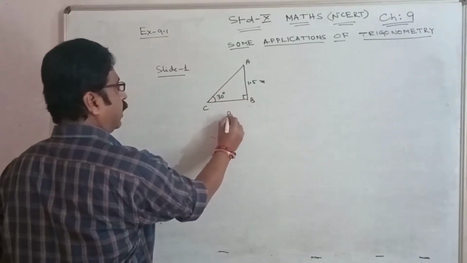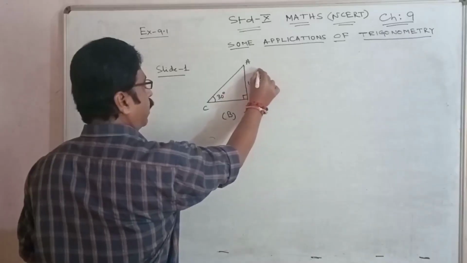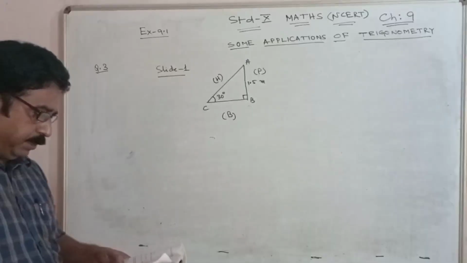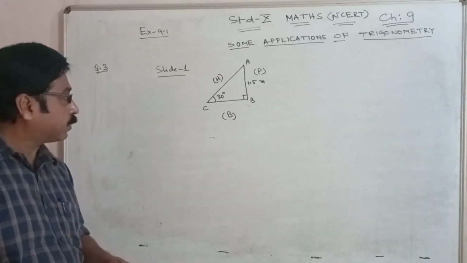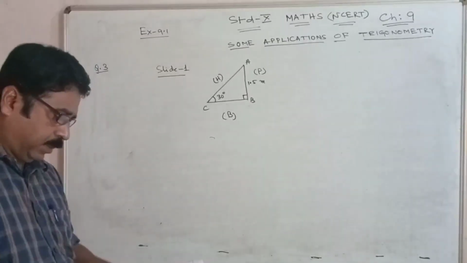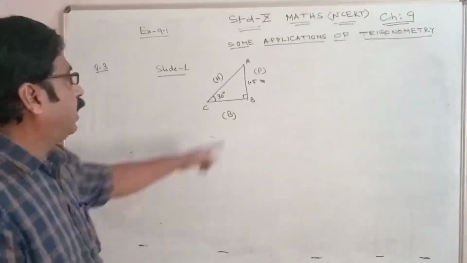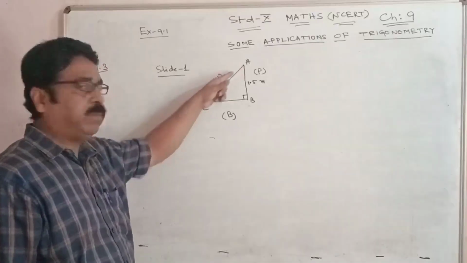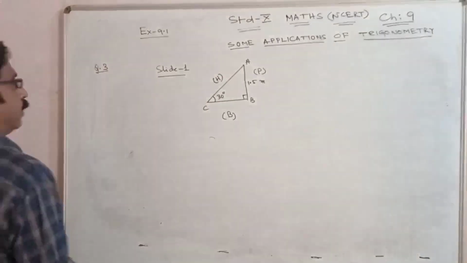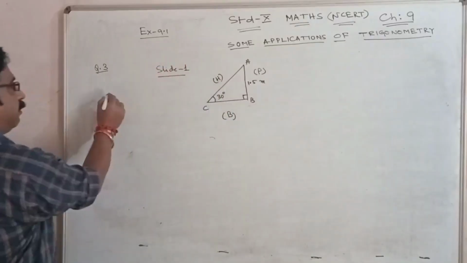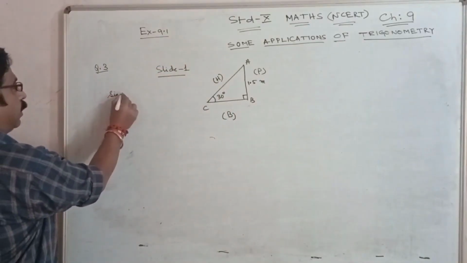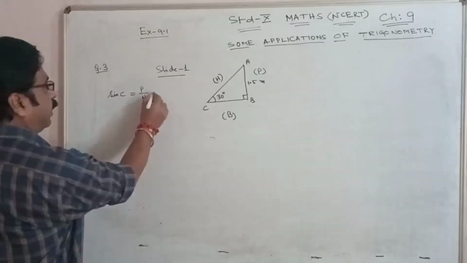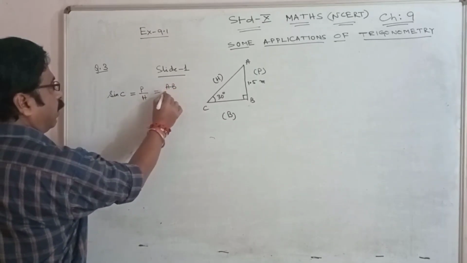So this will be base, this will be perpendicular, this will be hypotenuse. AC is the slide. We have to find the value of AC. So perpendicular and hypotenuse, we can use sin C is perpendicular upon hypotenuse. Perpendicular is AB, hypotenuse is AC.